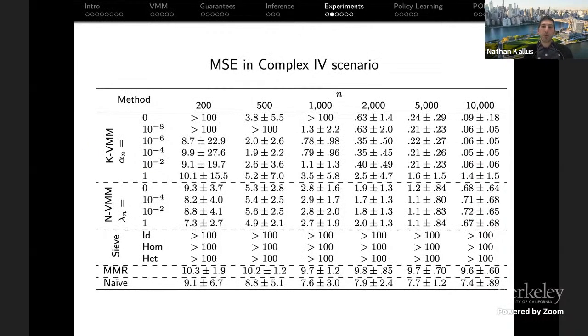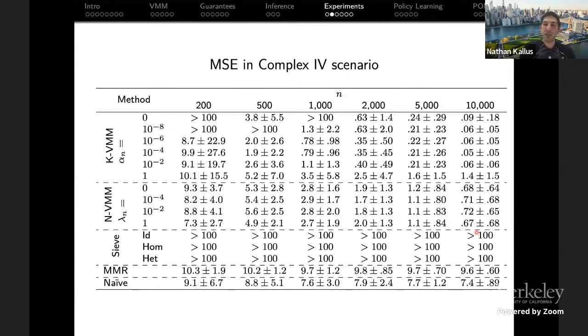When we go to a slightly more complex scenario, that's where we see things play out. These Sieve methods are just insane, right? The Hermite polynomials, actually here we used B-splines. It's just completely unwieldy in practice. And the MSE is so large I can't even write it down in this table without it not fitting on the slide. The VMM methods seem to perform reasonably well, better than just using this maximum moment method. So maybe we can attribute that to efficiency, right?